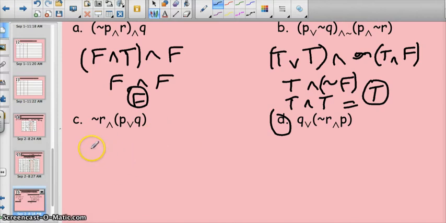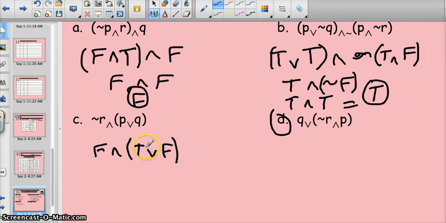Negation of R starts it. Well, R was true, so the negation of R is false. We've got an and then we go inside the parentheses. Well, P was true, or, and Q at this point was false. Stay inside the parentheses. Or means if either or is true, it's true.